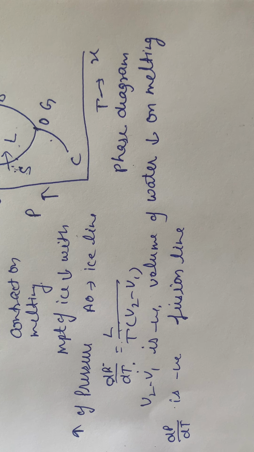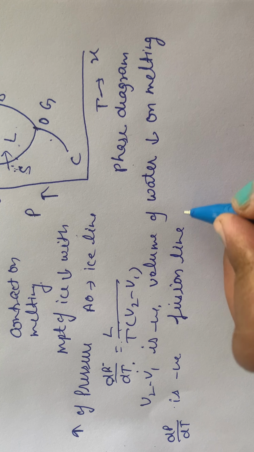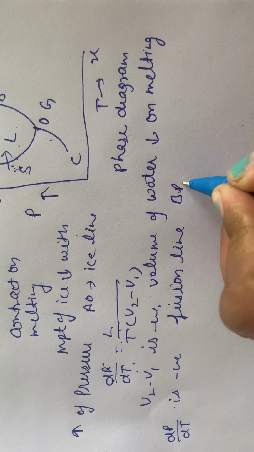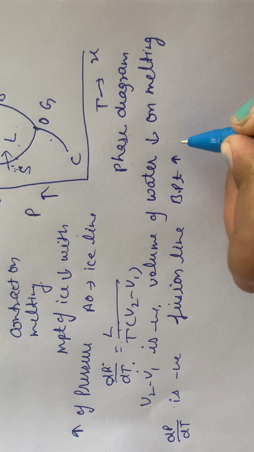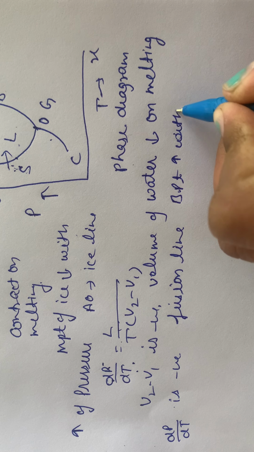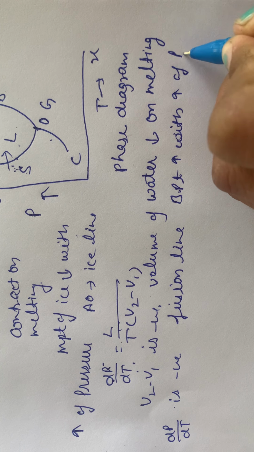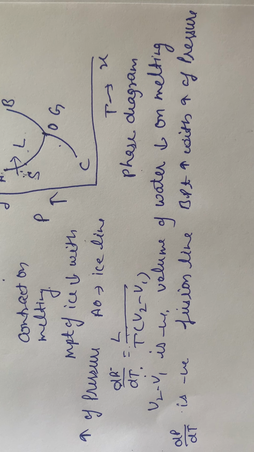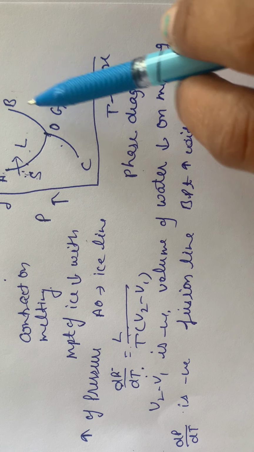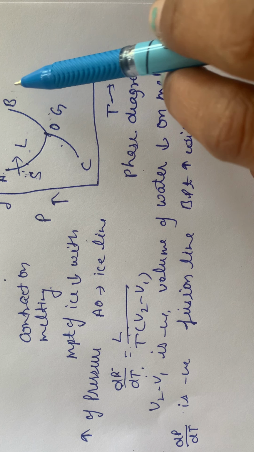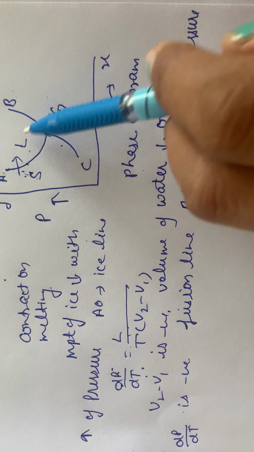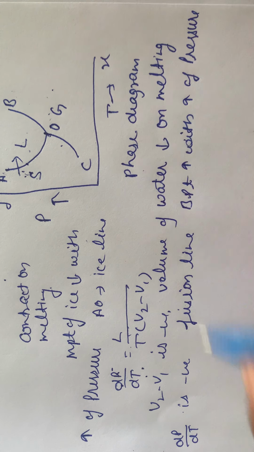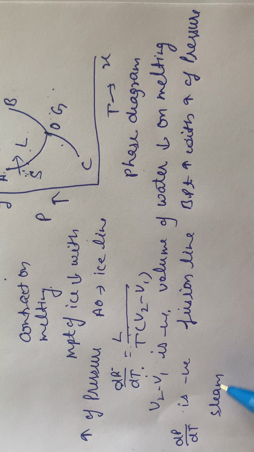Also, the boiling point of a liquid increases with increase of pressure. The curve BO in the phase diagram represents the equilibrium state between water and its vapor and is called the steam line.